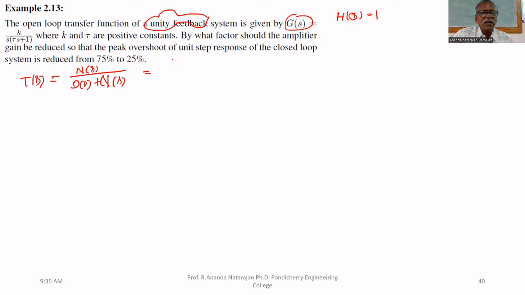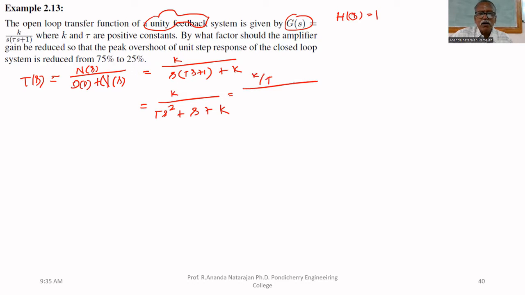That is equal to k upon s multiplied by tau s plus 1 plus k, or we can write k upon tau s square plus s plus k, or we can write k by tau upon s square plus 1 by tau s plus k by tau.